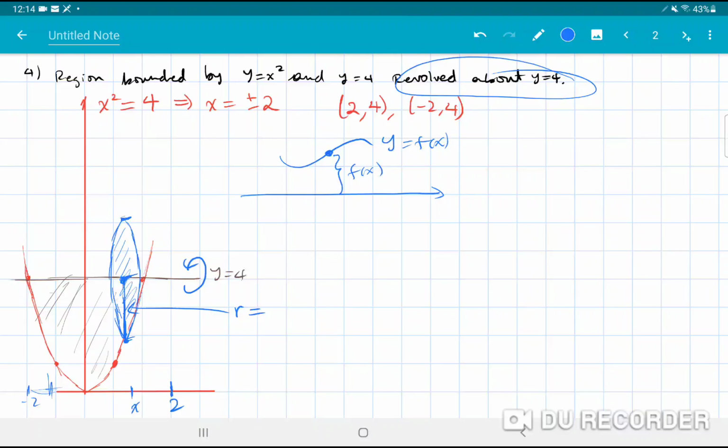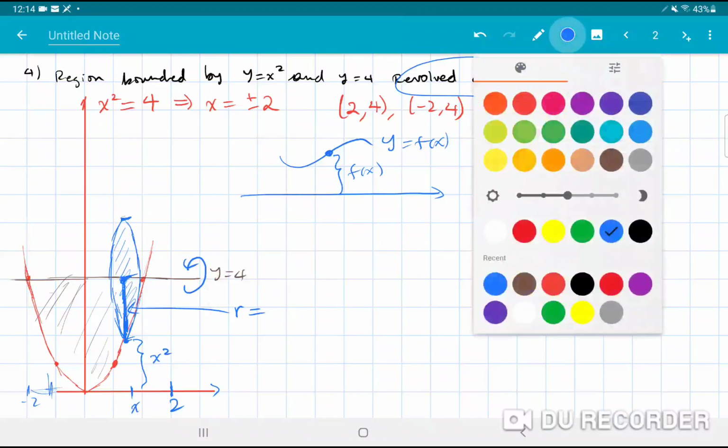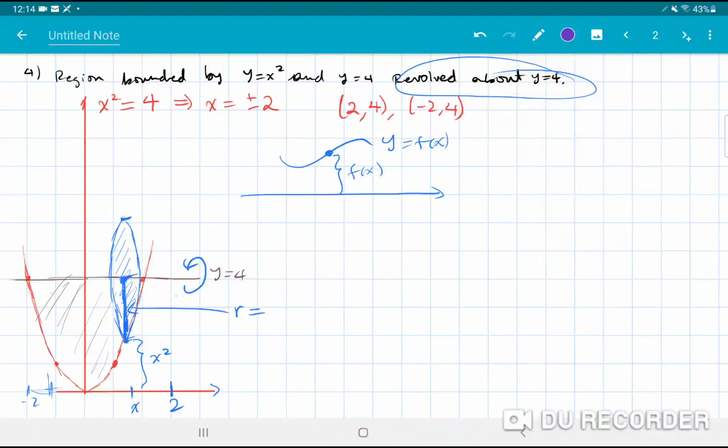With that knowledge, I'd like to get the length of this segment. This distance is the distance from the x-axis up to the graph of y equals x squared, so this distance is x squared. What else do I know? I know this distance is 4 units. So this distance now becomes 4 minus x squared.